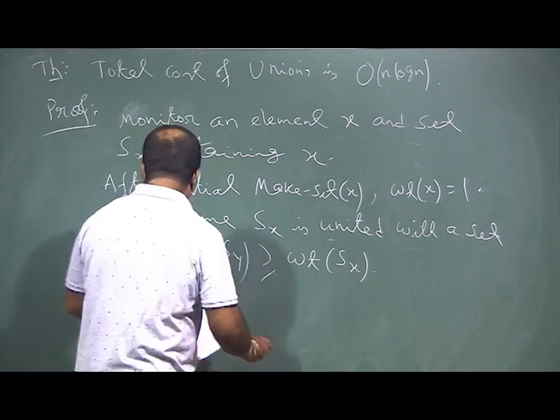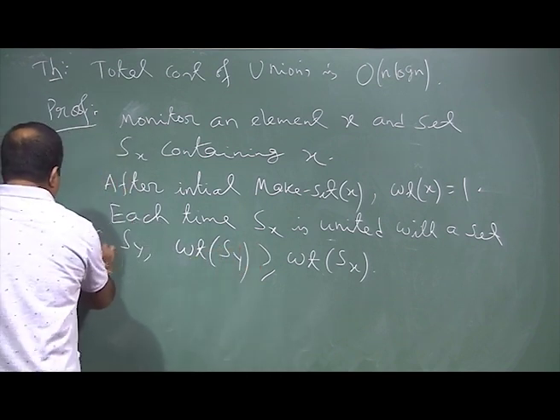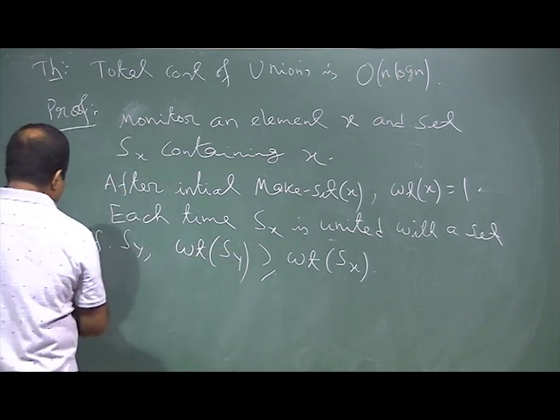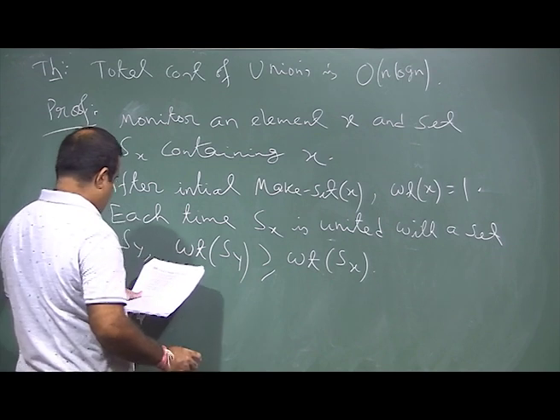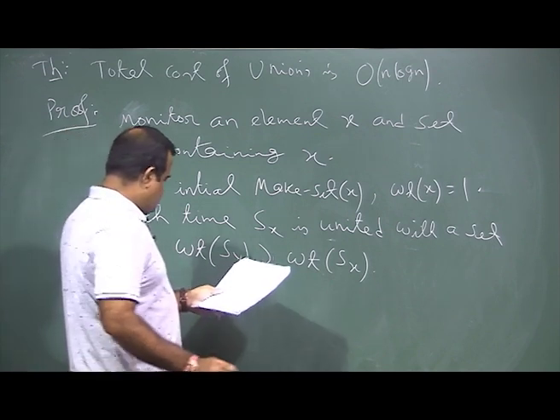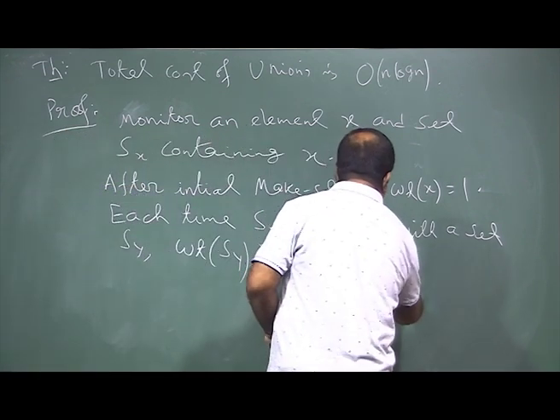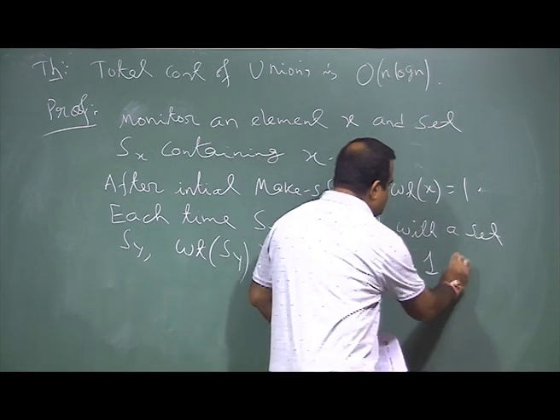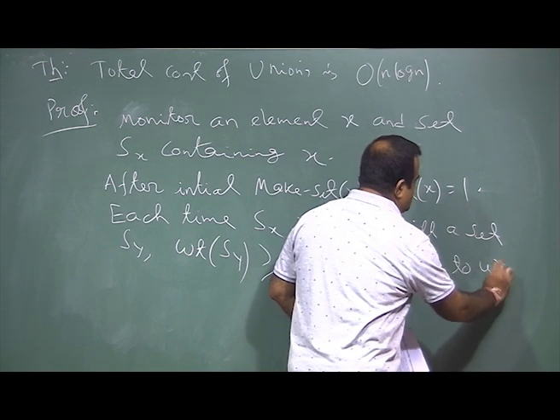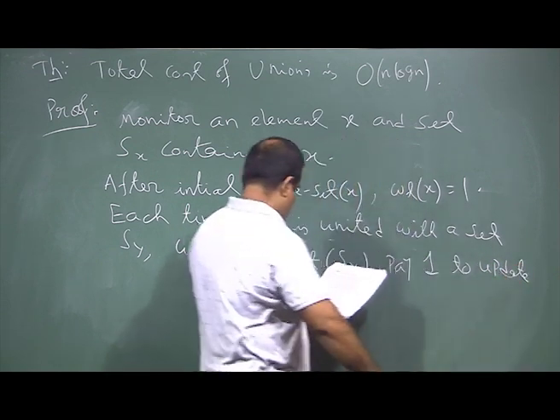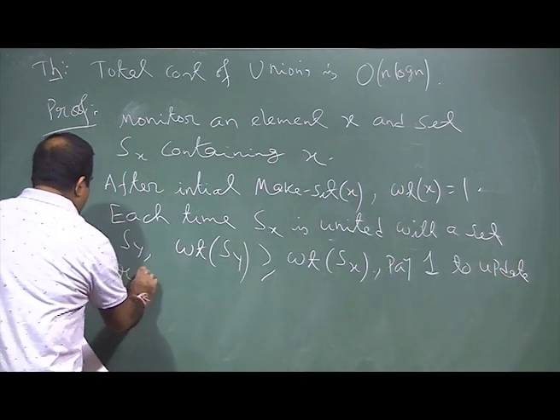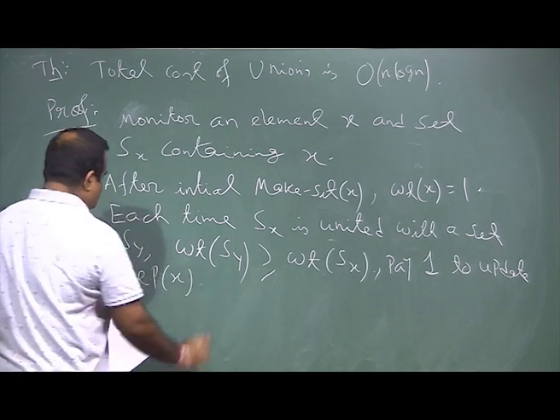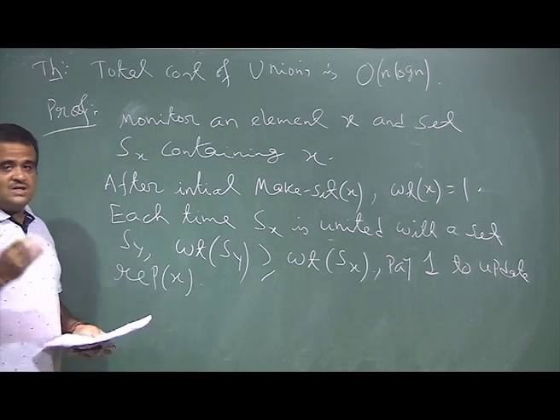So, if Sx, then we pay $1 to update the rep of Sx, because this is the smaller set.